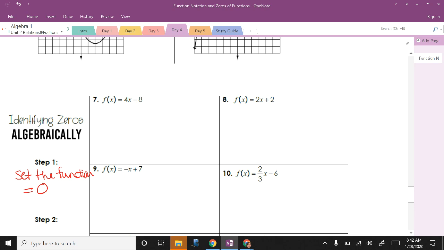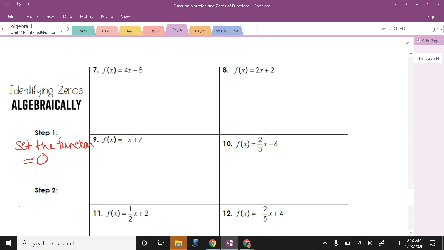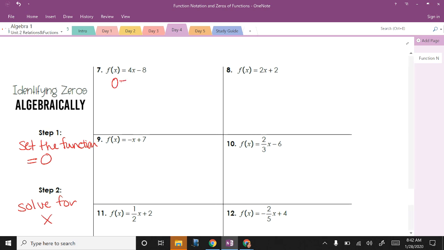Set the function equal to 0, and then step 2 is solve for x. So like earlier, when it would say f of x equals -13, we'd set the function equal to -13 and solve for x, right? If you're finding zeros of a function algebraically, you just take f of x and change it to 0. So on number 7, we'll say 0 equals 4x minus 8, and then you solve for x.